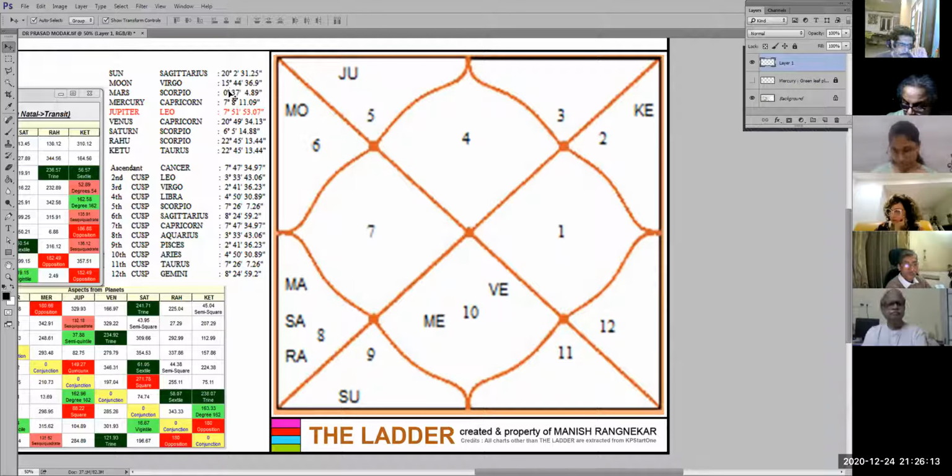What is the aspect difference between Mercury and Moon? Mercury was 278 and Moon 165. So basically 113 degrees.